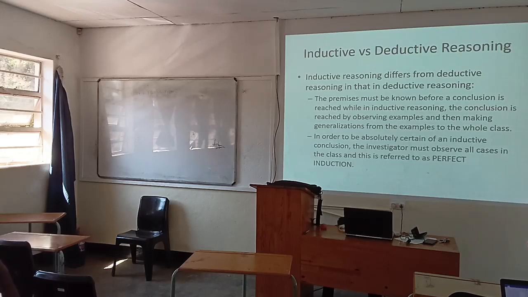If you have measured the height of Charles Masangano and you have found that he is 5 feet 6 inches, nobody can challenge that. Whoever challenges, you can say, okay, take the measuring tape and measure his height. And as long as the measuring tape is a reliable measure for measuring heights, he will come up with the same height.